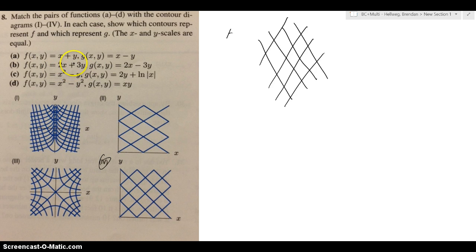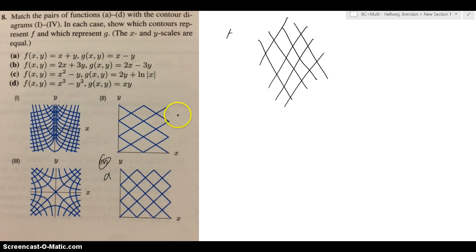Now, x plus y is going to be increasing at a very straightforward rate. I would say that it would be growing at about a 45-degree angle respective to the origin. And in this case, that resembles 4 best. So I'm going to say that A is 4.